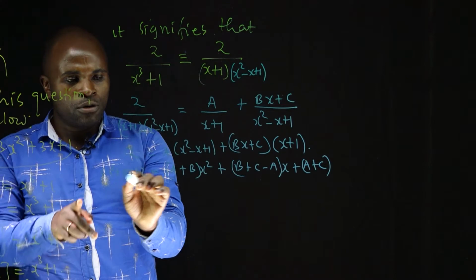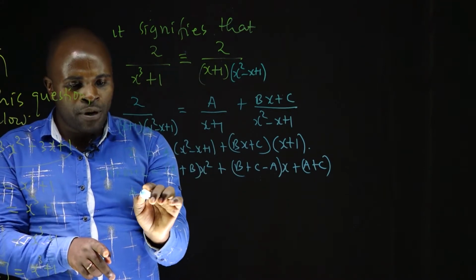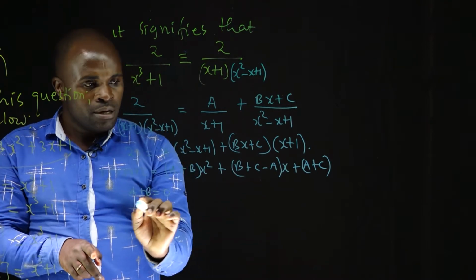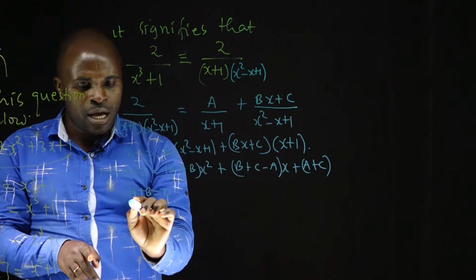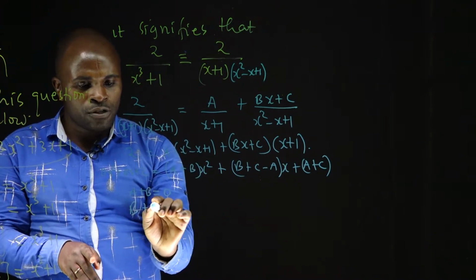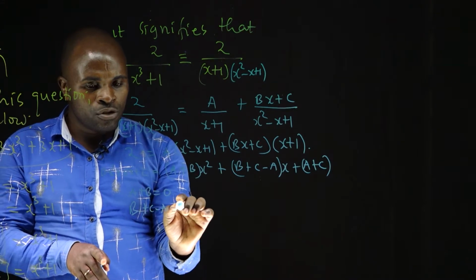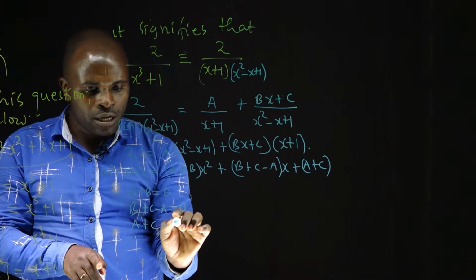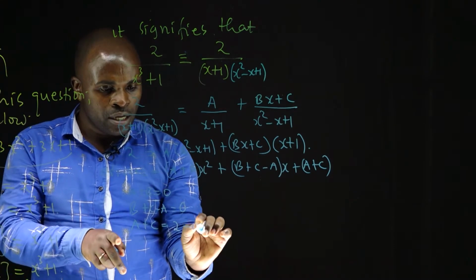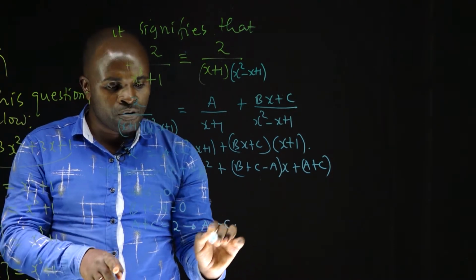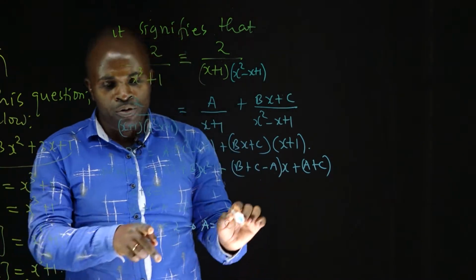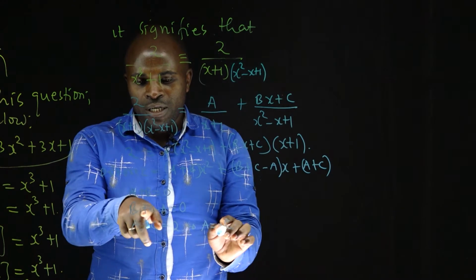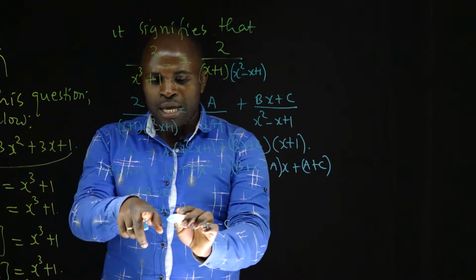The coefficients of x squared: a plus b equals 0. Again, b plus c minus a equals 0, and a plus c equals 2. What does it signify? It means we are now able to replace wherever there is c by a.